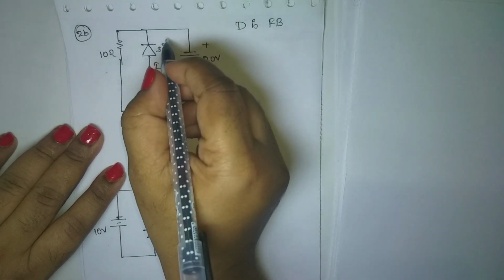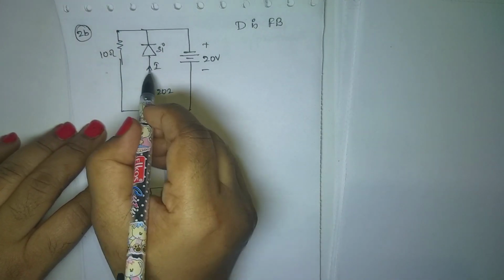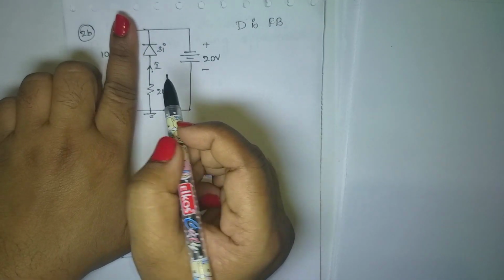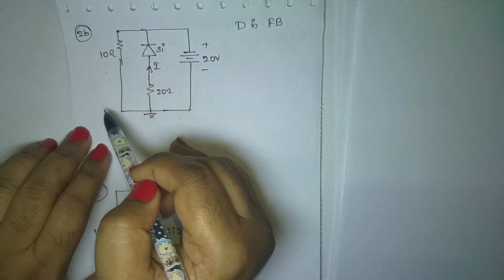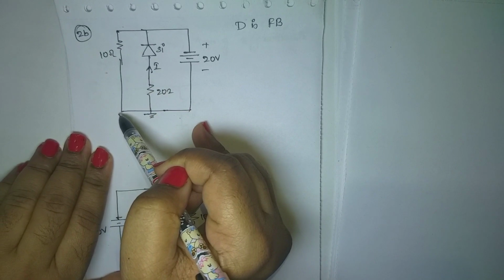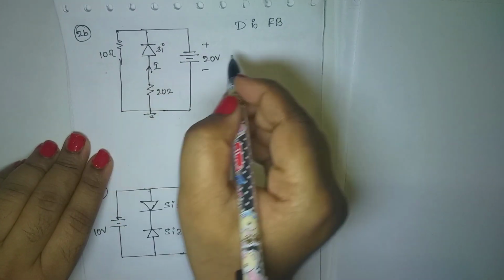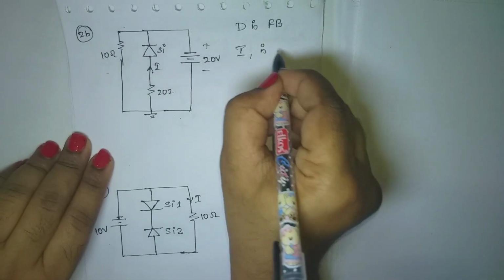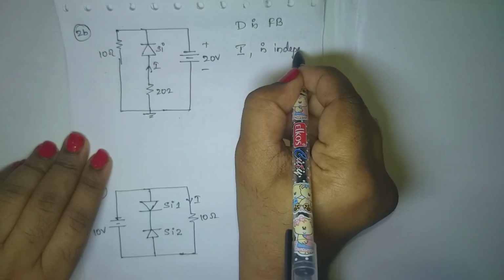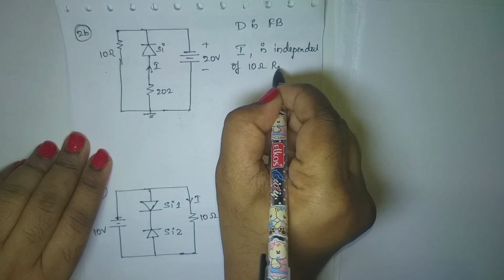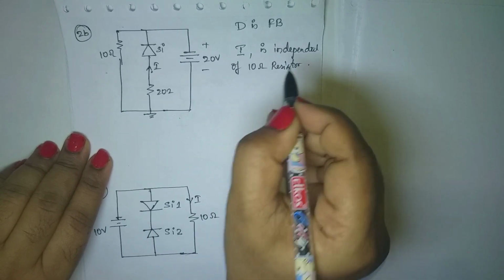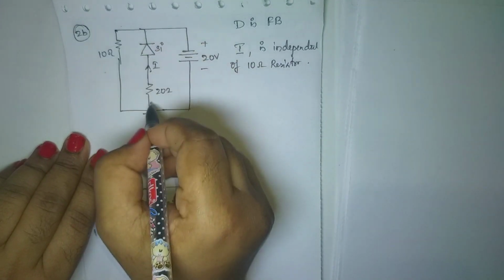Now, if I rewrite the circuit, I need to find the current flowing through the silicon diode. I'm least bothered about this 10 ohm resistor, or I can say that the current I is independent of the 10 ohm resistor, because I need to find the current here.